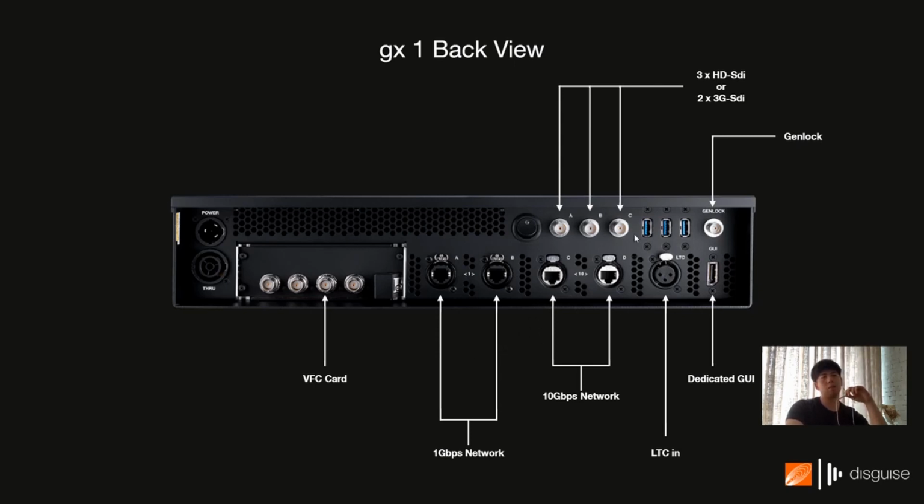You have your capture, so 3 HD SDI or 2 3G SDI. This is automatic switching, so as long as you have 2 3G SDI sources in, the last one will be omitted. Then genlock and a dedicated GUI output for all of the machines.